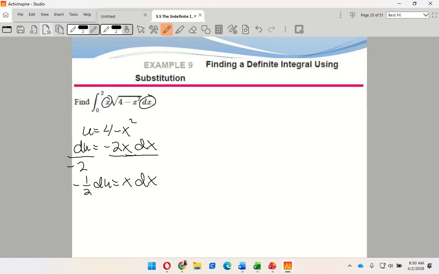All right, so I'm going to start replacing some things. So my x dx is going to give me the integral from 0 to 2 of u to the 1/2 du.